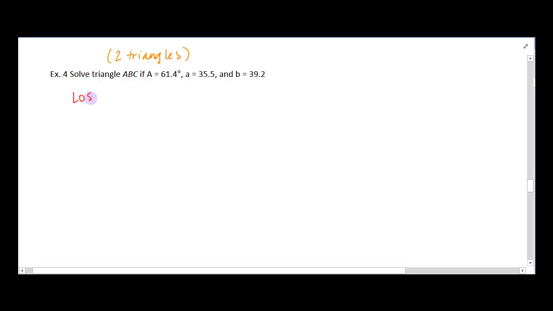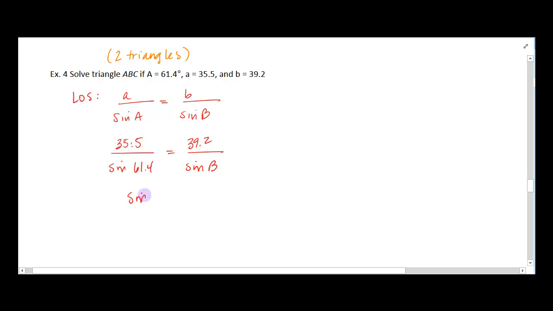In other words, I know the ratio of the A's, so I have side A over sine A equal to side B over sine B. When I fill in this information, 35.5 divided by the sine of 61.4 equals side B, which is 39.2 divided by the sine of B. So it's sine B that I'm solving for.